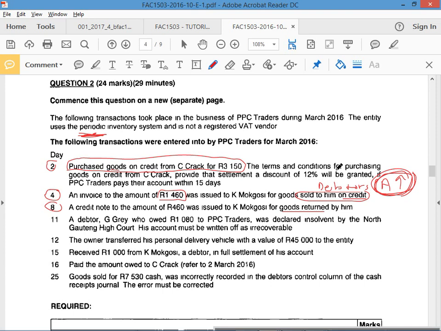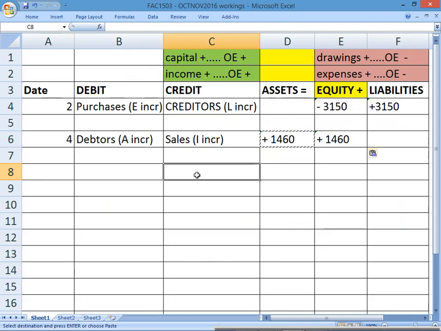Less. It's straightforward, right? If someone comes and gives you back the goods that they bought, are they still your debtor? No. Okay, so this is going to be debtors, asset decrease. You're not going to have a debtor if they've returned the goods that they bought. Right, the debtors come down.